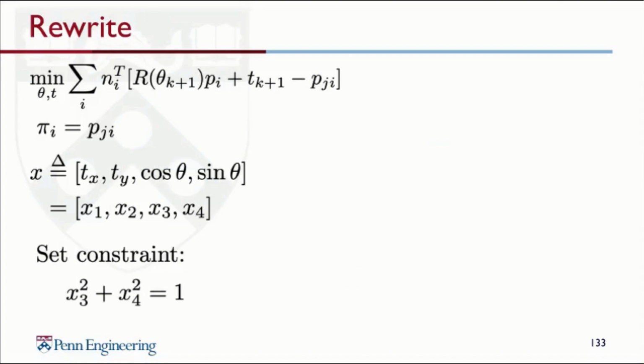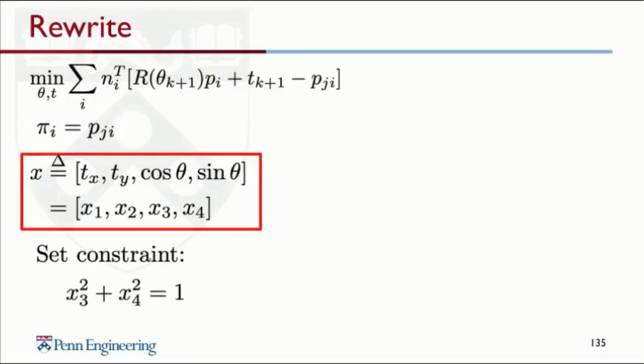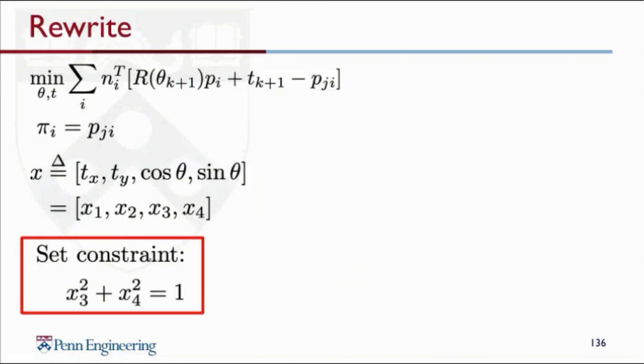Now, in order to derive the solution, we first rewrite the objective by defining a few variables. First, we define p_i^J to be p_ji, which is the corresponding point for the transformed point. We define the state vector x to represent the transformed q, where the components correspond to the translation in x and y, and also an equivalent expression for the angle theta using cosine and sine, obtained by setting the constraint x3 squared plus x4 squared is equal to 1.